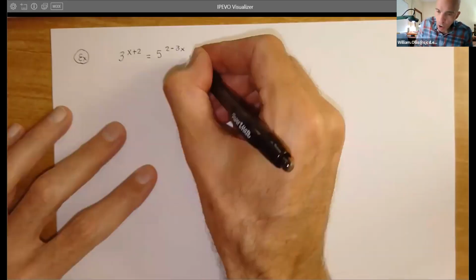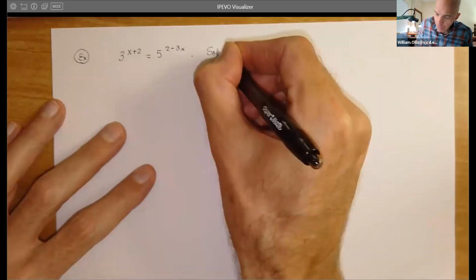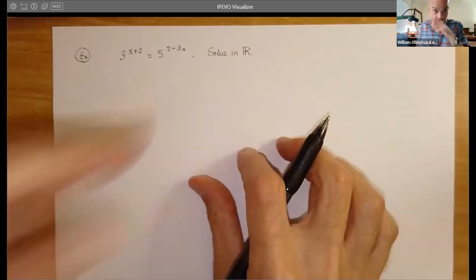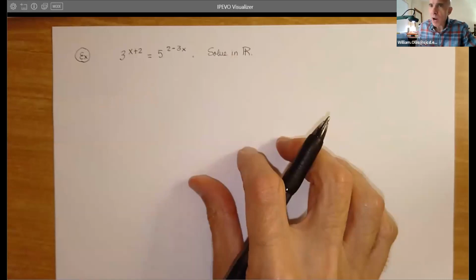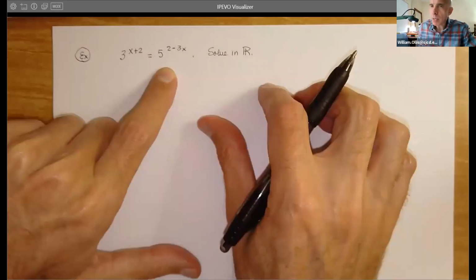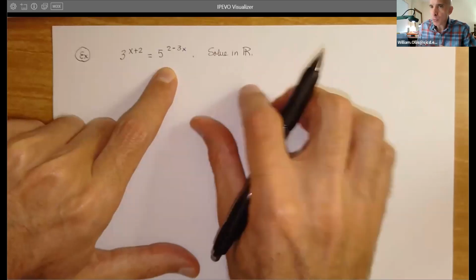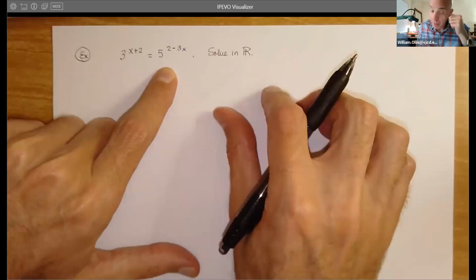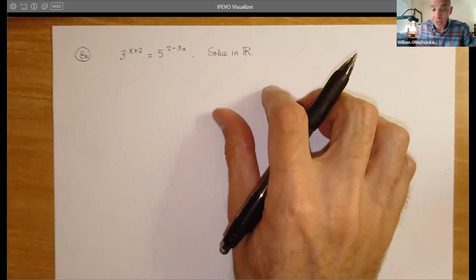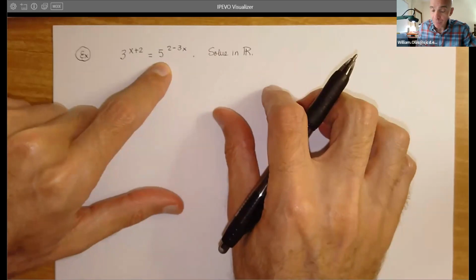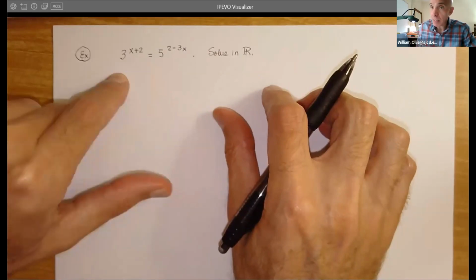So now solve in R. When you look at this equation, you're thinking, well, Professor Ron, I want to use 1-to-1, but it's kind of like the problem we had with the 3 different bases, the 3, the 9, and the 27. We have a base 3 here and a base 5 here. And then you might be thinking, okay, well, I can't use 1-to-1 unless I change the base.